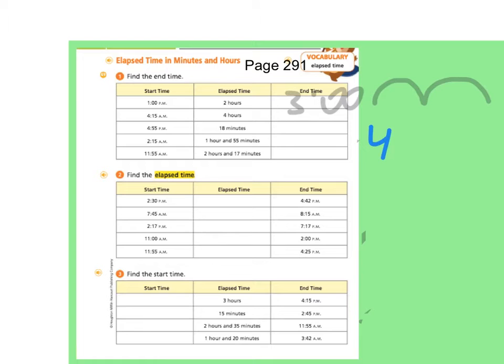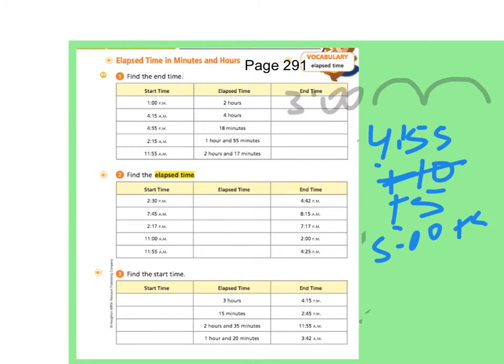So if I were doing that 4:55, and I were adding 18 minutes, I would add 10 minutes first, or better yet, 5 would get you to 5 o'clock, and then you add 5 again, which is adding those 10, so then it's 5:05. So I've added 10 minutes to that, and then I'd have to add 8 more minutes, so that would get me to 5:13.